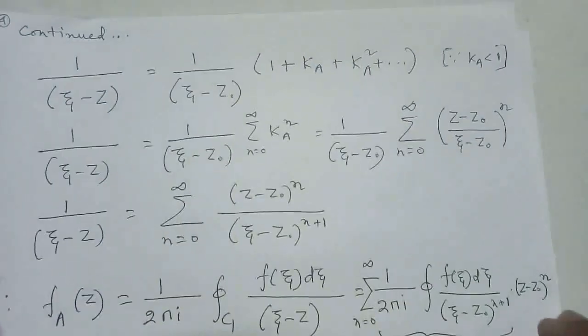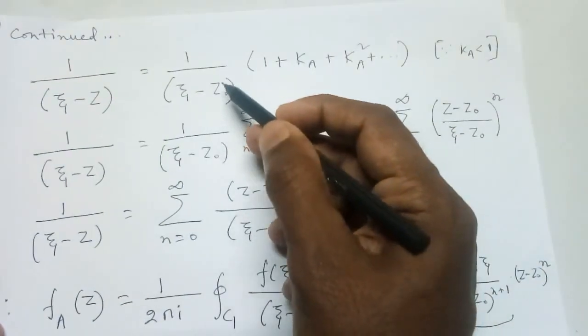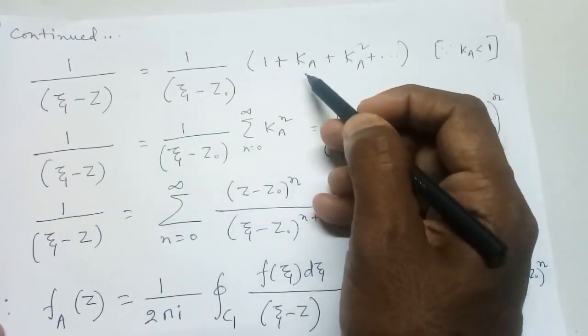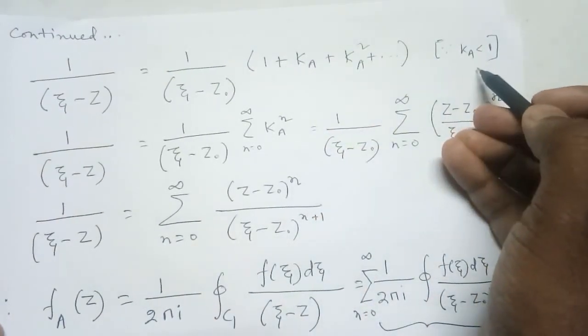We can see that 1 minus (xi minus z0)/(z minus z0), this term can be written as 1 plus K plus K square, as the magnitude of K is less than 1.